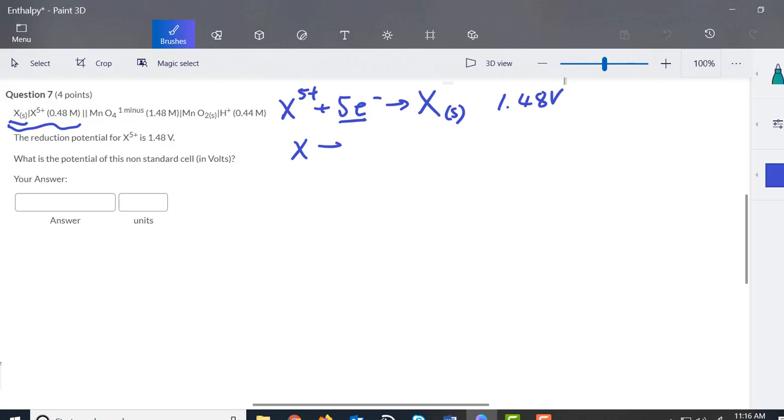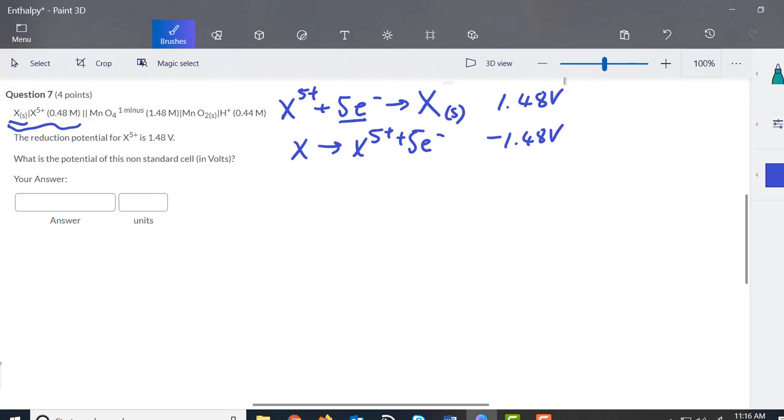We'll make it X gives X5 plus 5 electrons. And the voltage now is going to be negative 1.48 volts because we had to switch it around. Now the other one is MnO4 minus, MnO2 and H+.